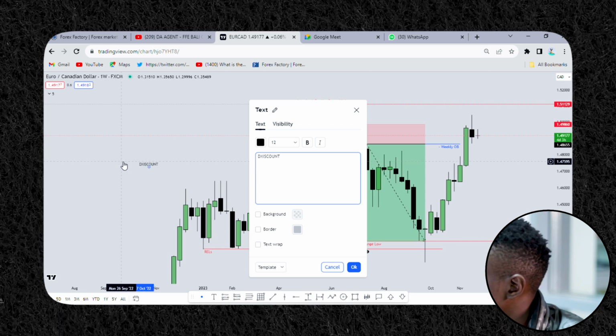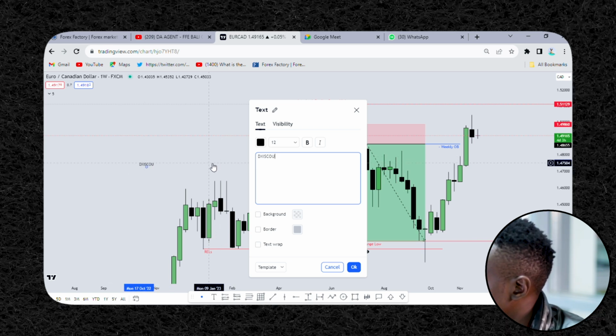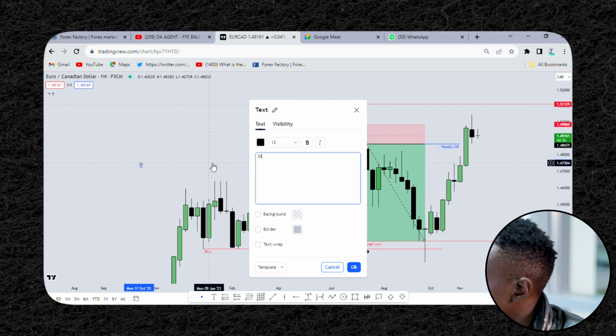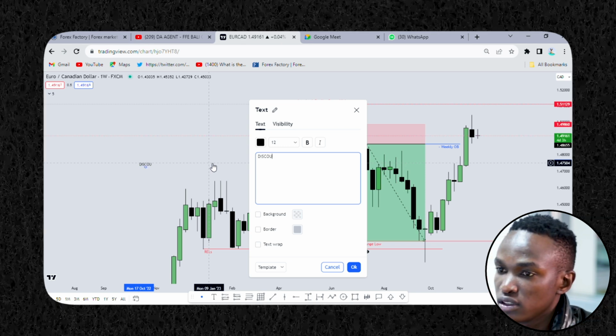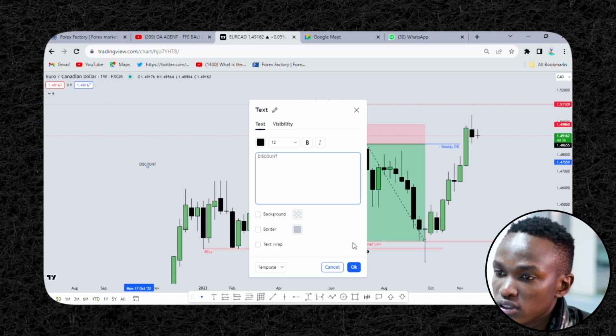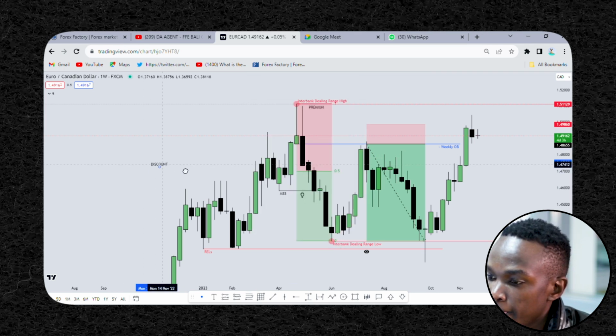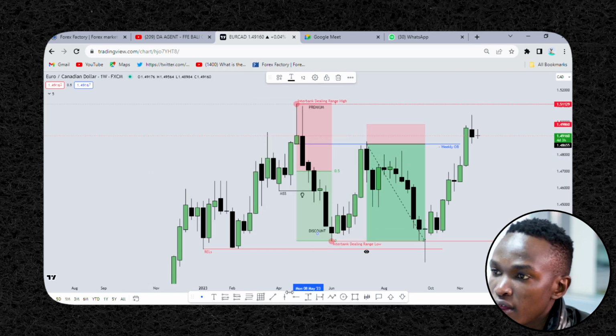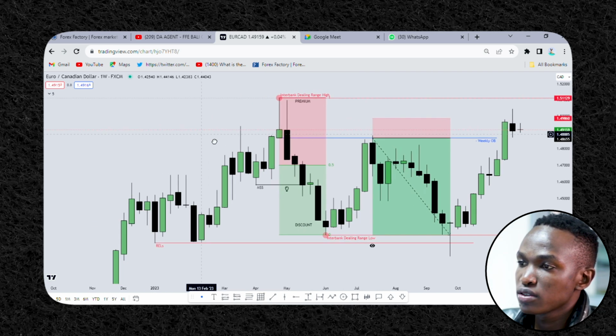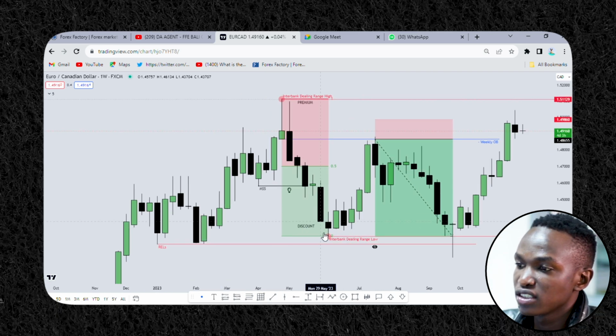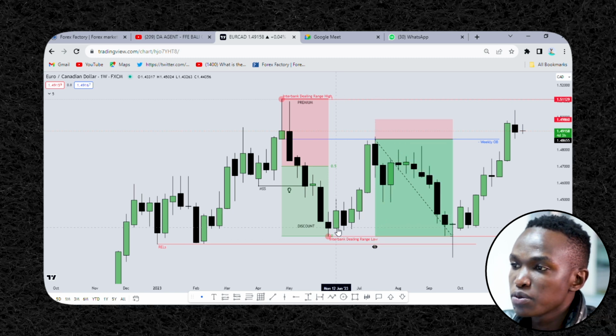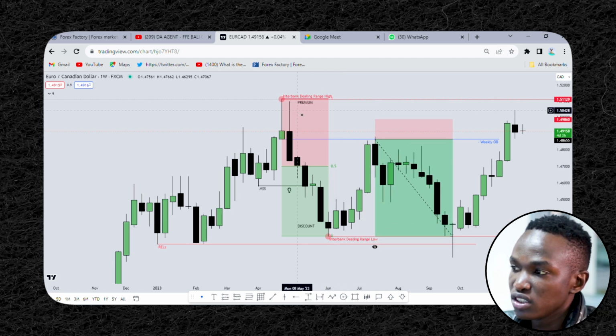Oh, how am I writing discount? This discount zone, meaning if the price comes to the discount zone, you are looking for buys, and if the price comes back to the premium zone, you are looking for sales.